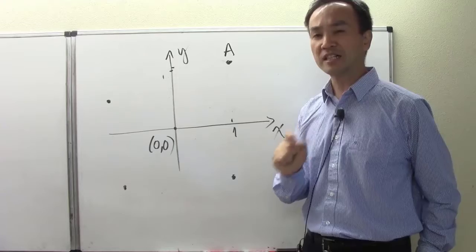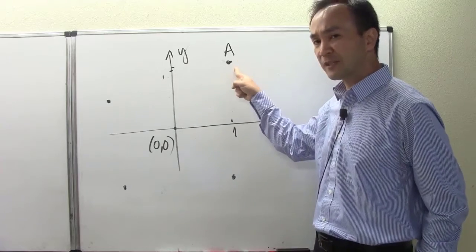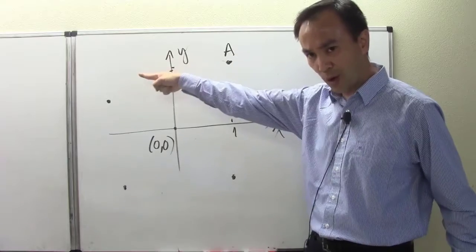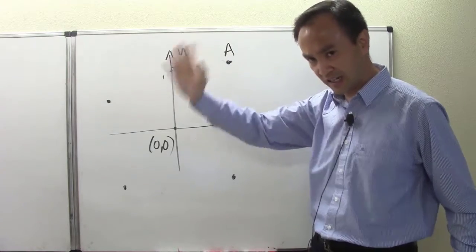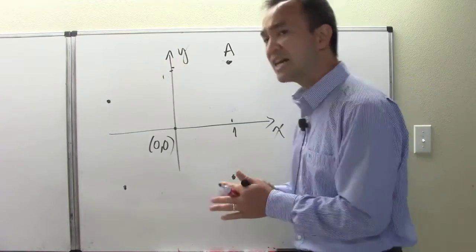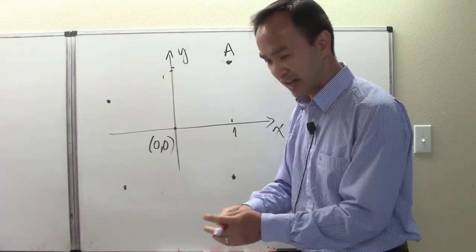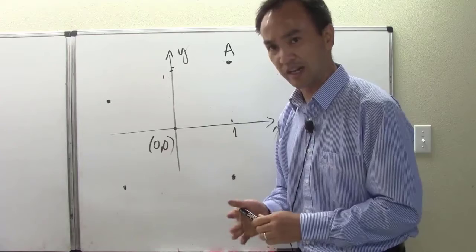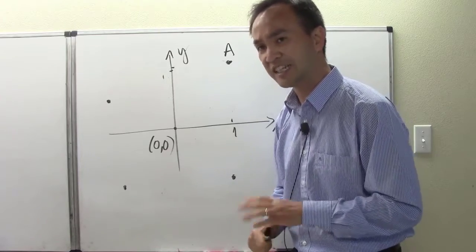But now instead of representing this point in terms of x and y coordinates as a pair, here's another way. Let me just introduce that way, and then we're going to formally introduce the idea.